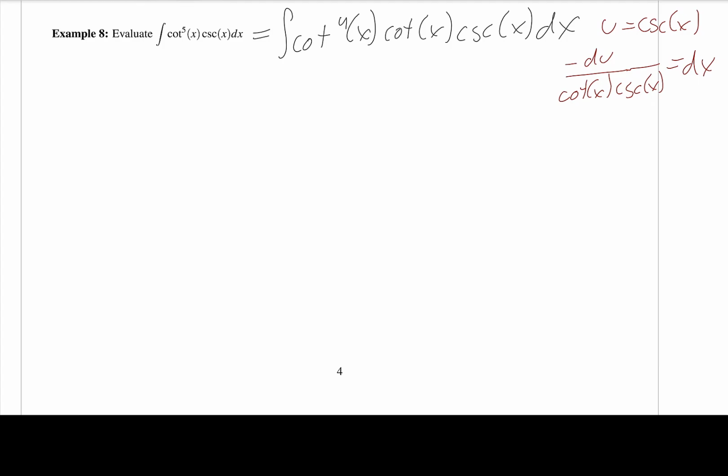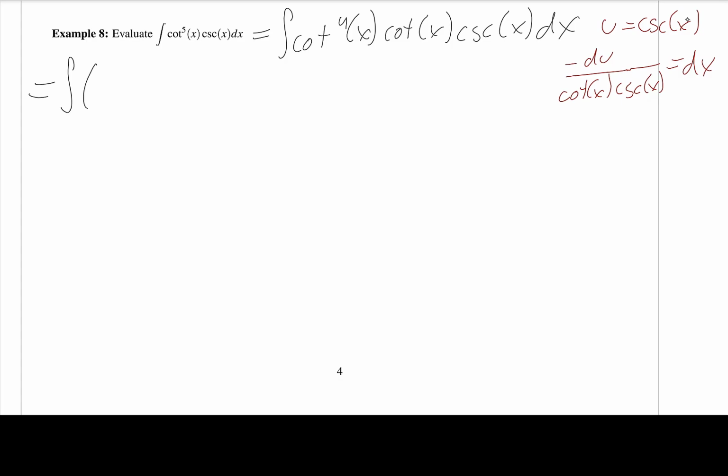So now we can rewrite our integral. The first thing I'm going to do is notice that cotangent to the 4th of x is the same thing as cotangent squared of x, squared. And now I'm going to use our identity for cotangent squared of x.